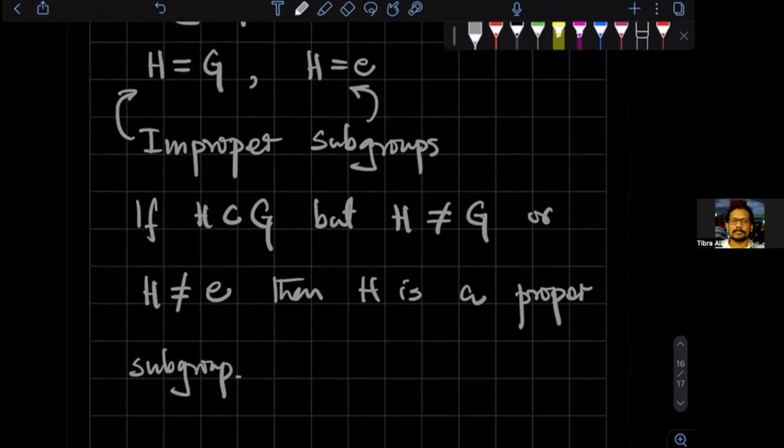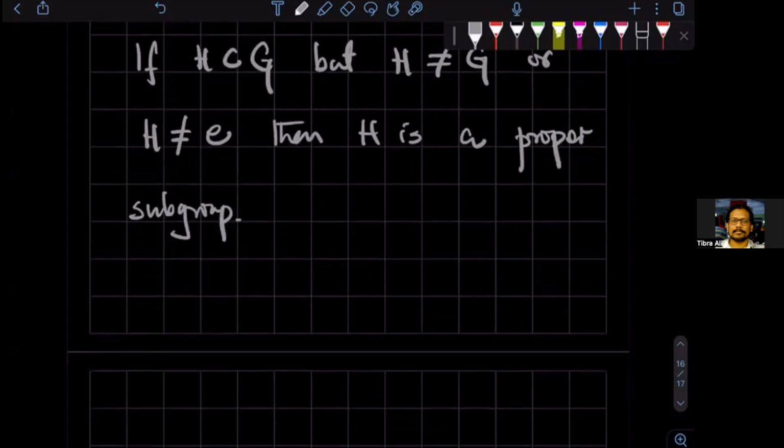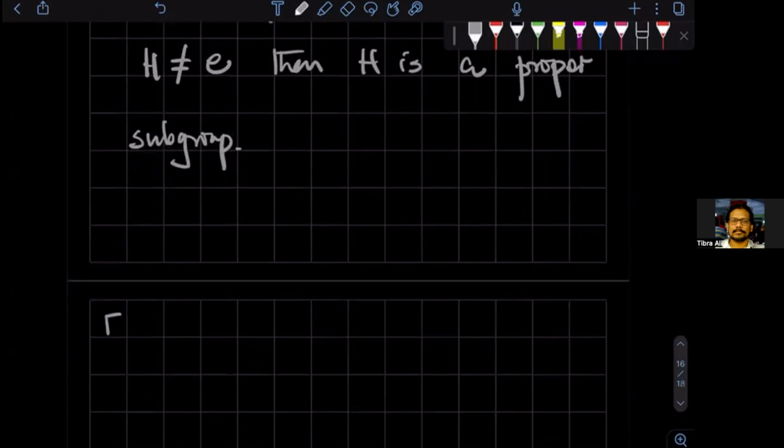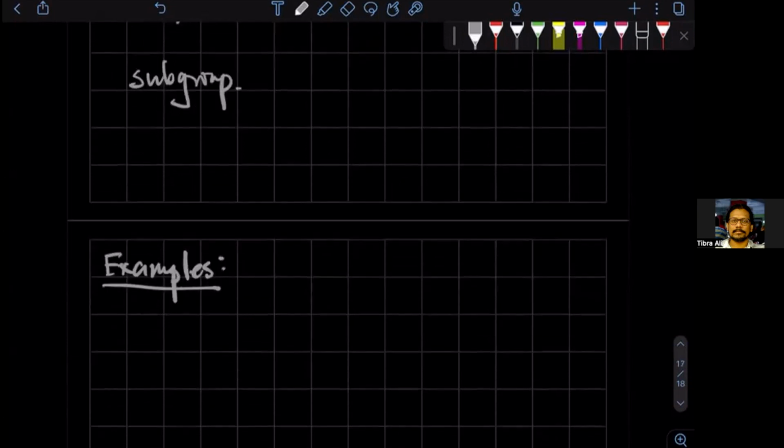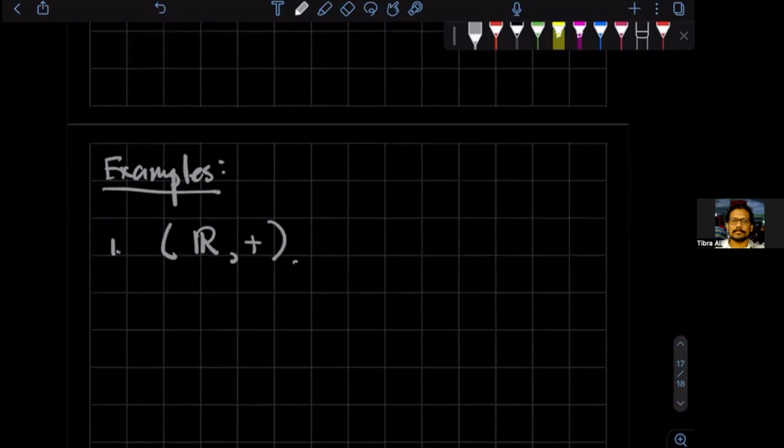Okay. I think we have time for a couple of examples. It's very important to have examples in this business. Otherwise, you just lose track of whatever abstract stuff that I'm saying. Number one, the real numbers under addition. This is a group. So for example, if A is an element, what is the inverse of A?